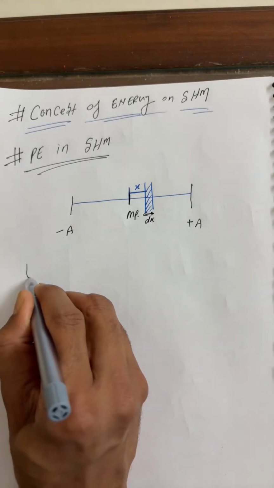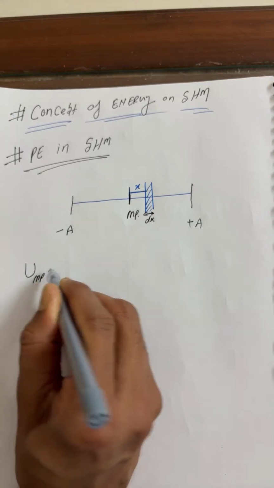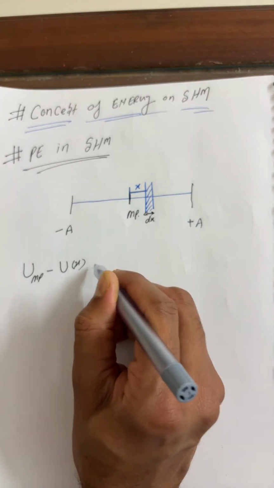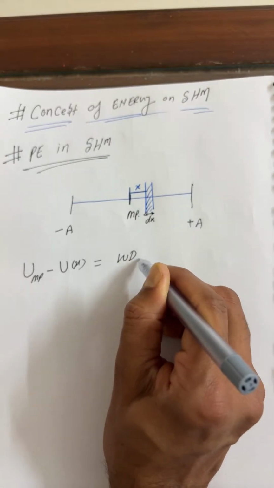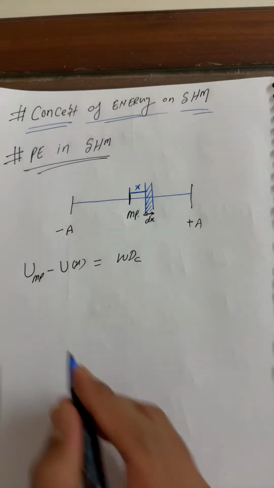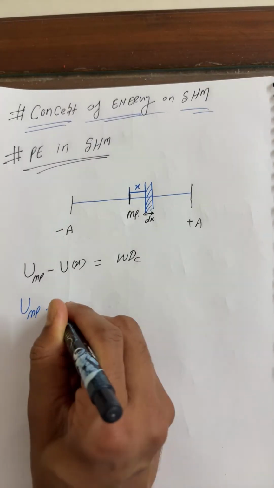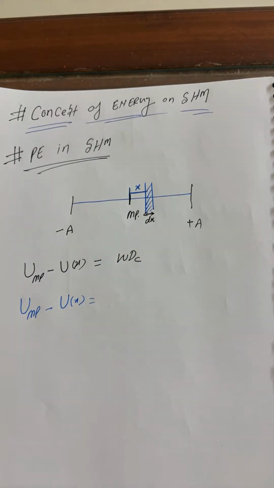So you can write here: potential energy at mean position minus U as a function of x, which equals the work done by the conservative force. I hope all of you remember here, work done is force into displacement.